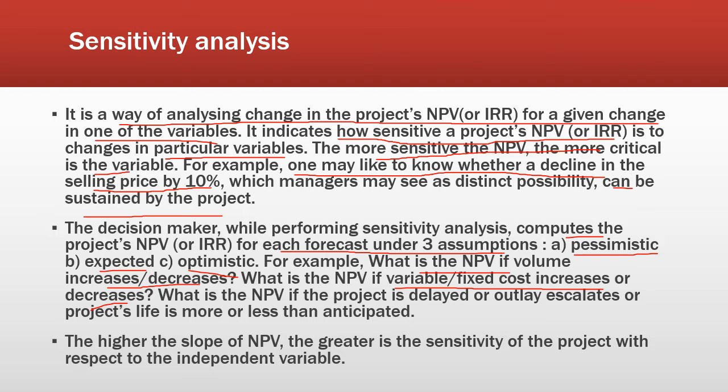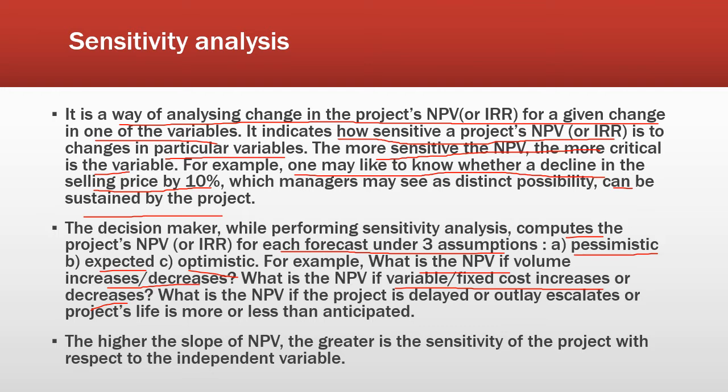So if for a small change in variable or fixed cost, NPV changes largely, then we would say that the variable or fixed cost is a critical variable, because the change in NPV is much more dependent upon the variable or fixed cost than other variables.